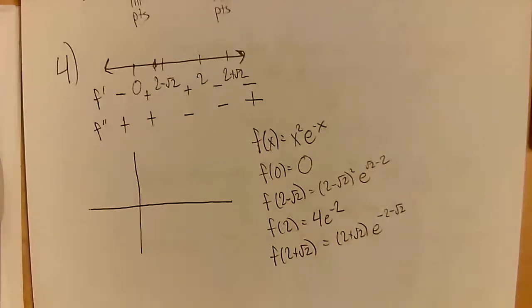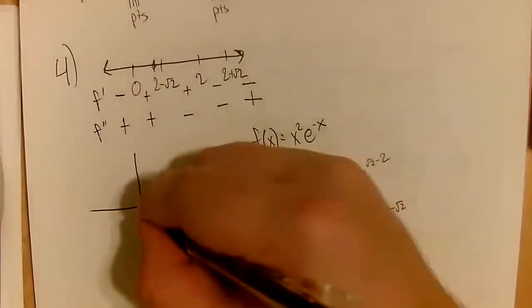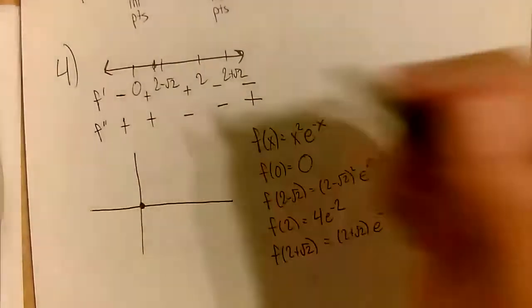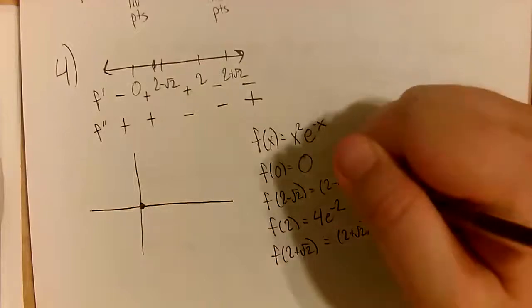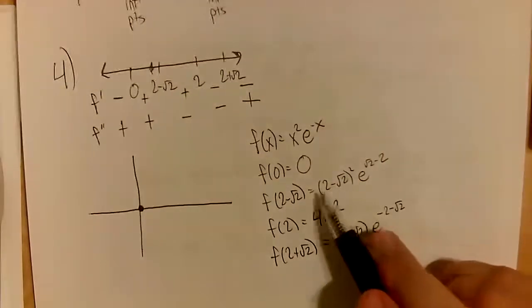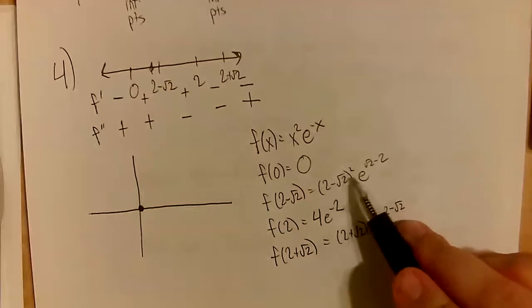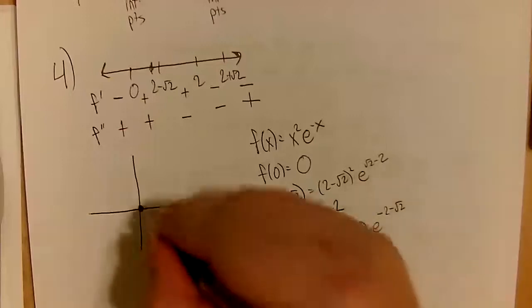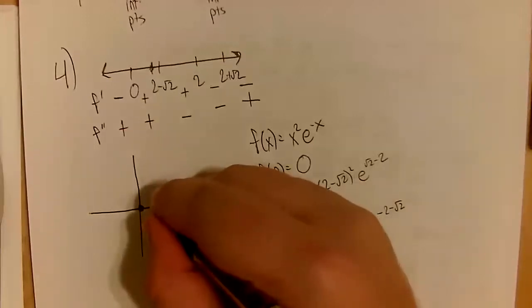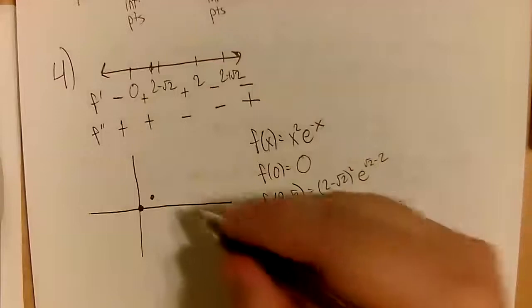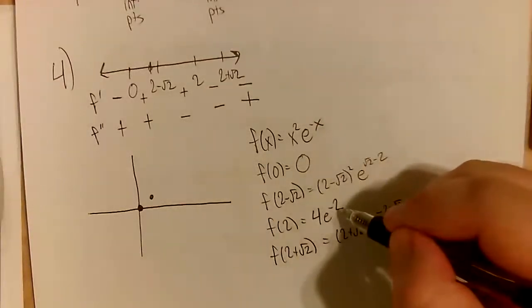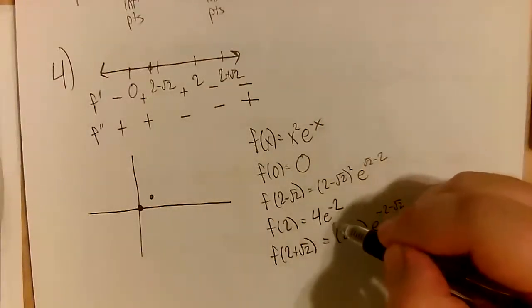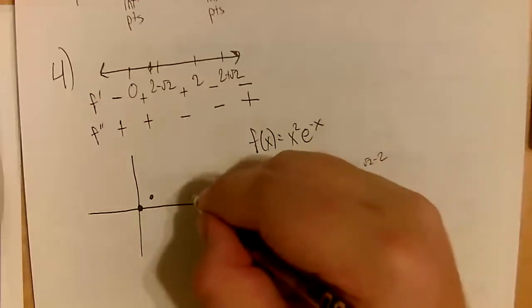All right. So let's go ahead and label these points on our number lines. We have 0 here. Let's see. This number is about a half. So this will be a quarter. And then we have e to the negative 1/2. So this will be a relatively small number. Let's say it's right there. Then we're going to go all the way to 2, where we have 4e to the negative 2, which is around the same value right here.